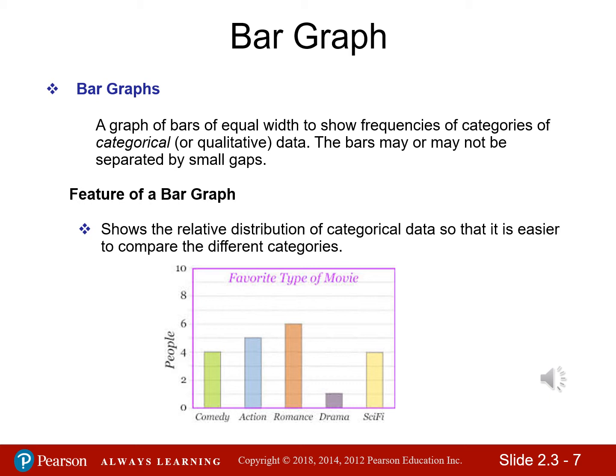The horizontal x-axis represents the categories, and the vertical y-axis represents the value of those categories. A bar graph is usually looking at a set of data and making comparisons. For example, in this bar graph, it's easy to see which type of movies are preferred by the sample and which types are not.